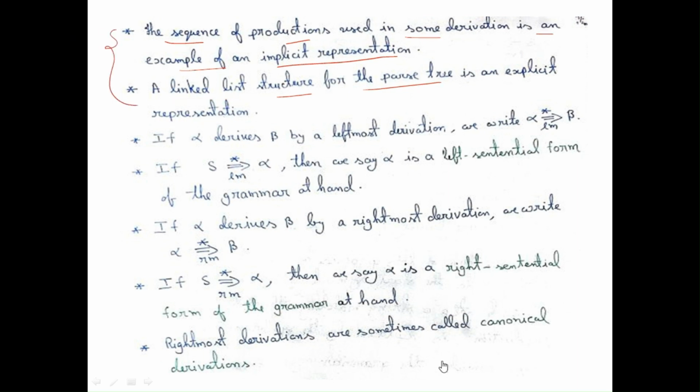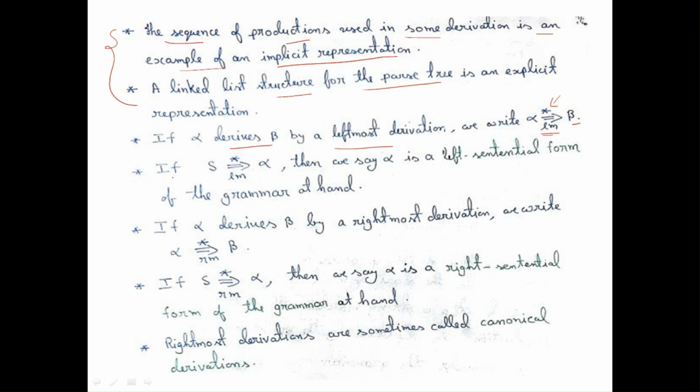So, if alpha derives beta by a leftmost derivation, we write alpha derives beta in 0 or more steps, writing lm under this. Okay. What exactly a leftmost derivation or rightmost derivation means, you can watch the previous videos. The links of these videos will be in the description.